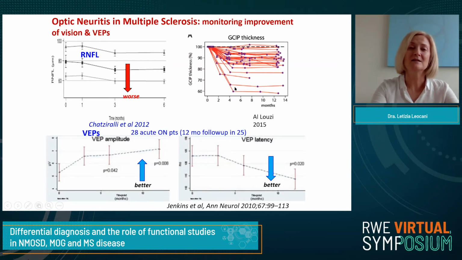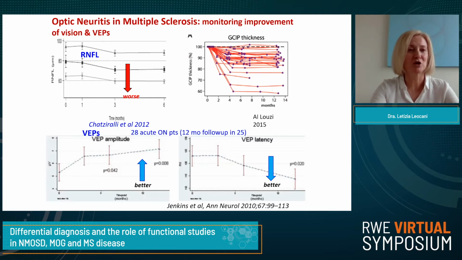The fact that by 4 weeks the ganglion cells are basically reaching a plateau in degeneration also suggests that any intervention targeting neuroprotection should occur well before 4 weeks after optic neuritis, because at 4 weeks most of the ganglion cell loss has already occurred.